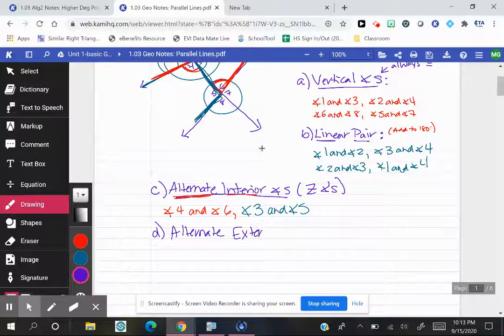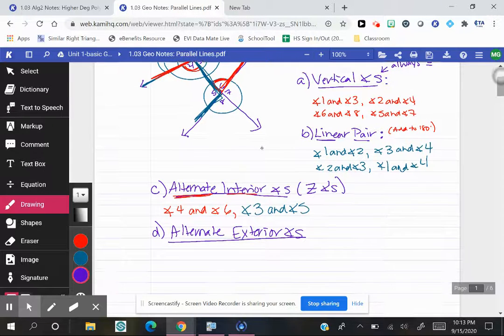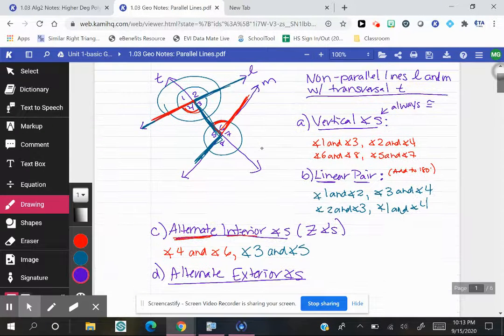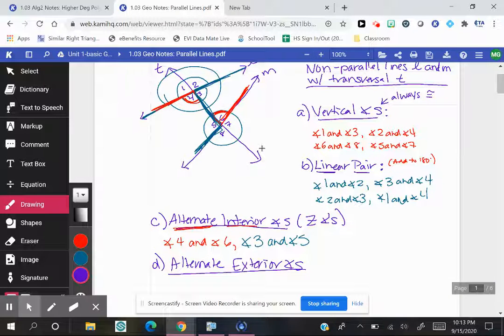And those, again, if you look at alternate, they're on opposite sides, or alternate. Some people call them opposite exterior angles. They're on opposite sides of the transversal, and they're going to be outside, on the exterior of the two lines. So this is our transversal right here. So 8 is outside the two lines, and on the opposite side of the transversal, which angle is also outside the two lines, and that would be 2.